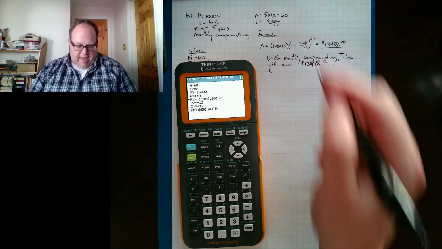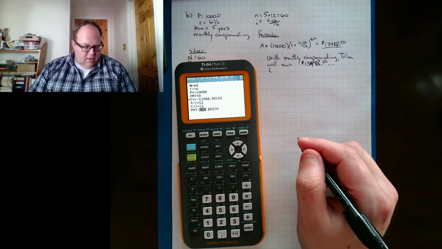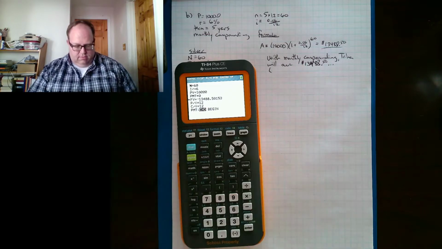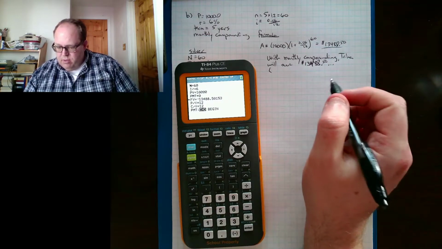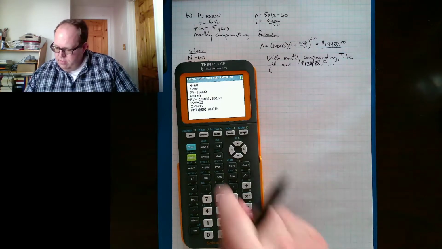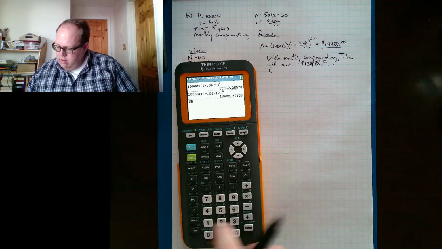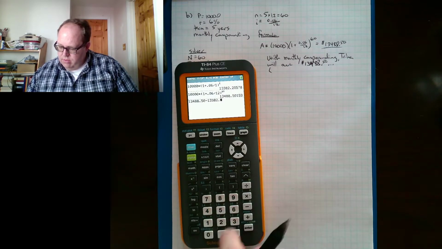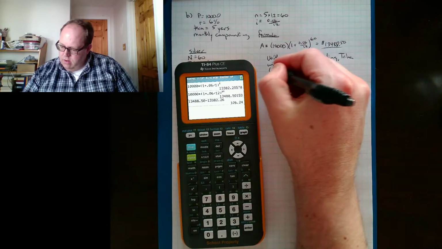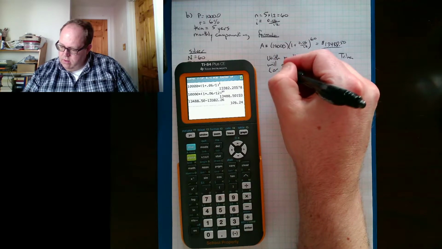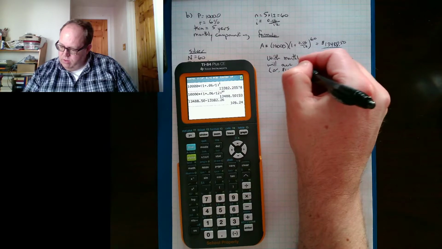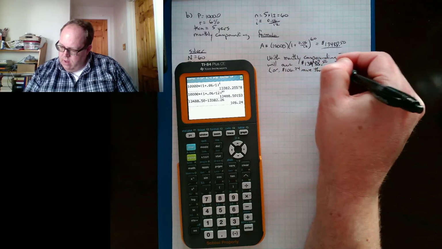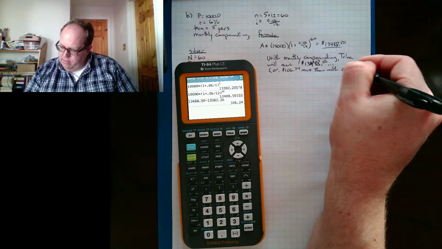It's worth pointing out that that is a number here, 13,488.50 minus 13,382.26, or $106.24 more than with annual compounding.